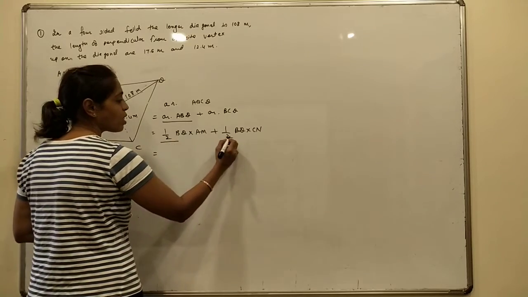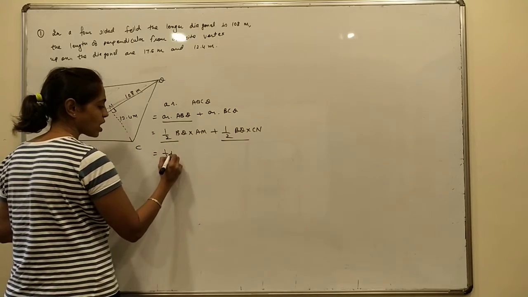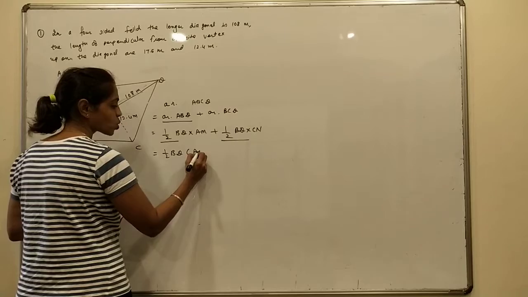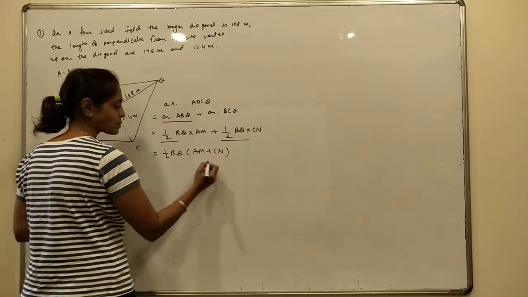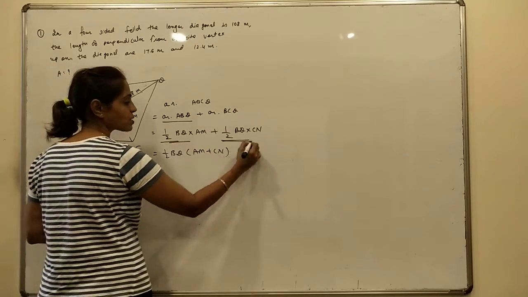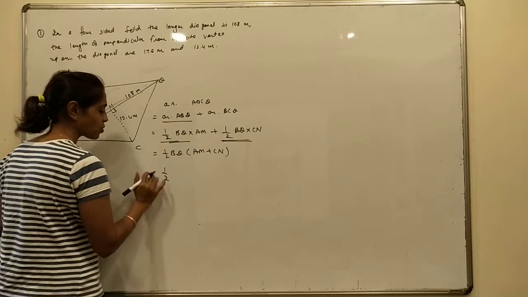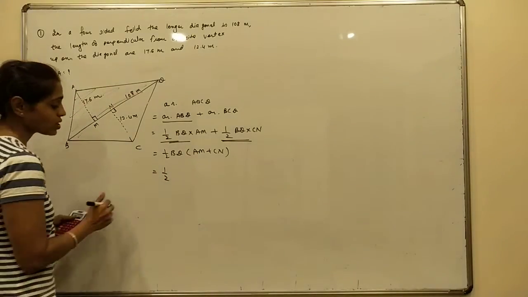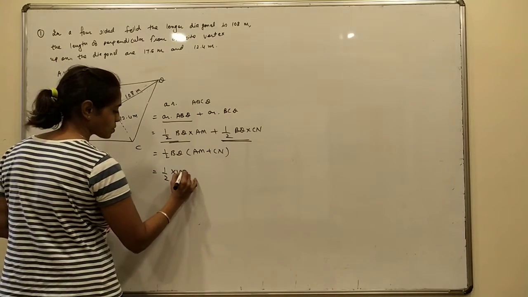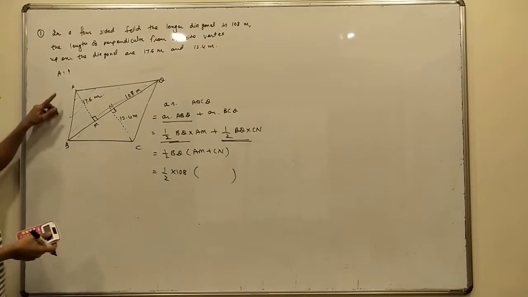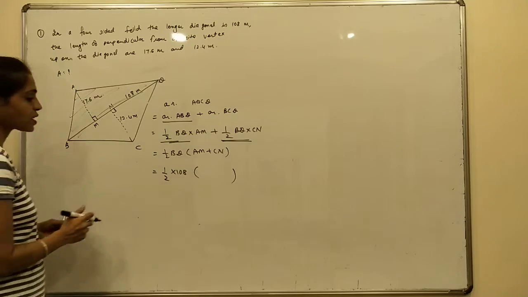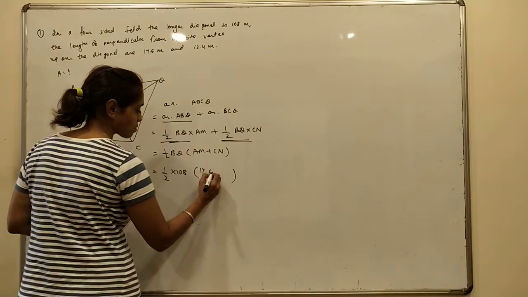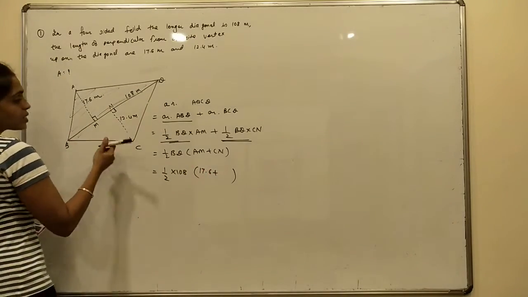You can see 1/2 of BD is common, so AM plus CN are common too. So 1/2 of BD, the longest diagonal, is 108, AM is 17.6 and CN is 12.4.